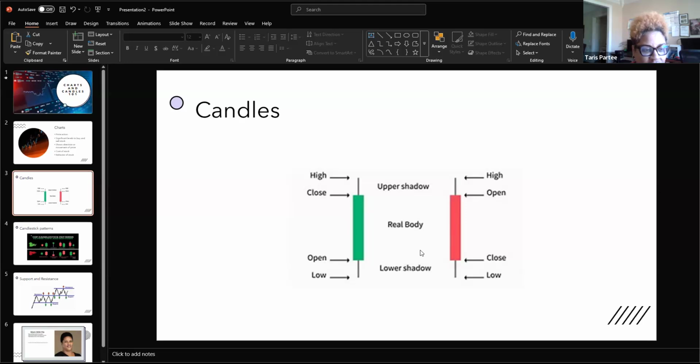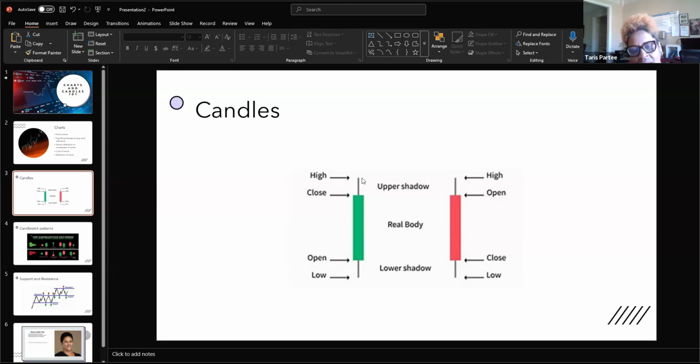But you have doji candles, you have hammers, but the idea is you need to understand the anatomy of the candle. So when we're looking at a green candle, each candle has four things identifying the candle's price. You have the low, so that's the lowest that the price got within a particular session.